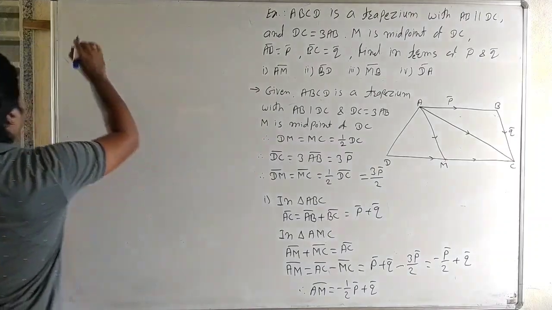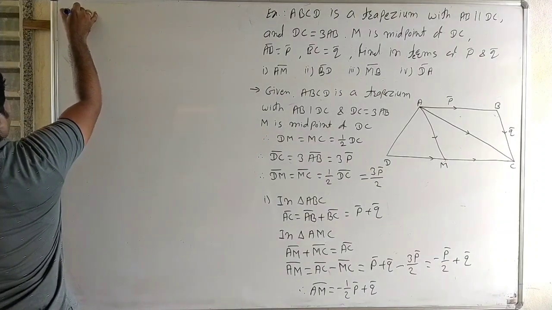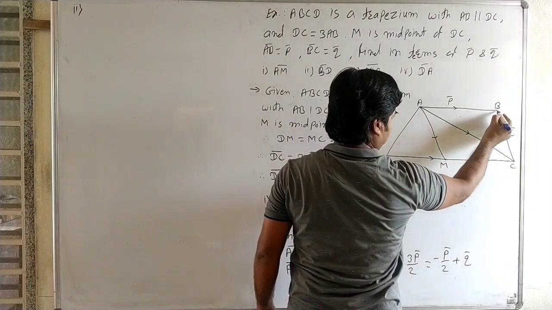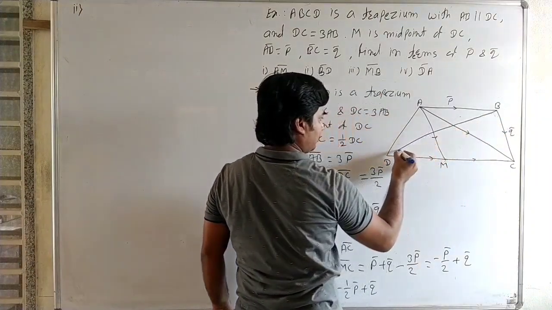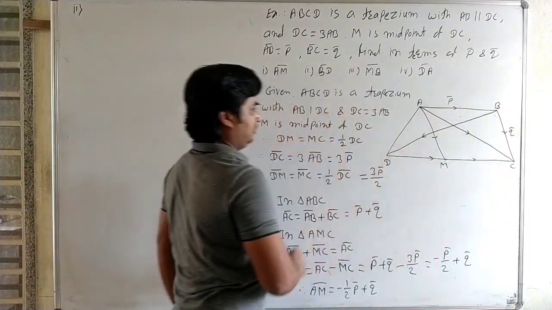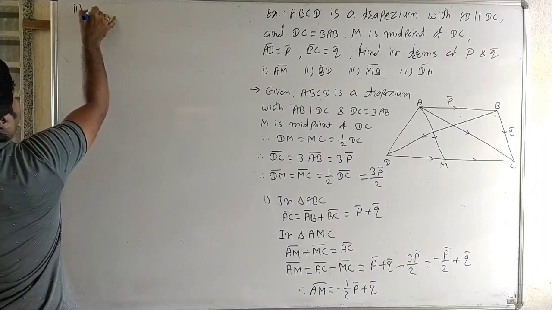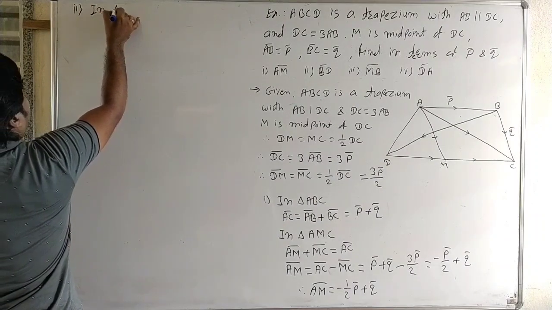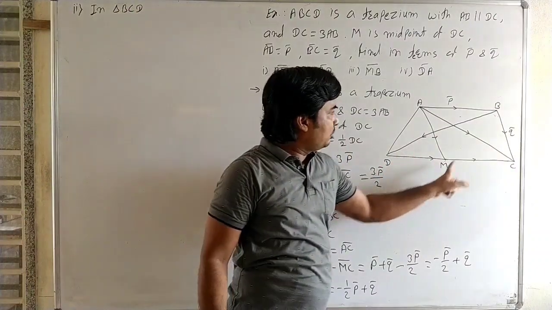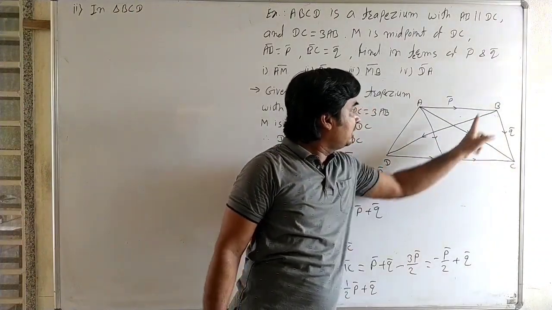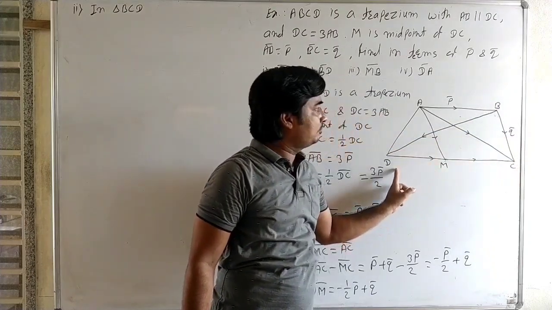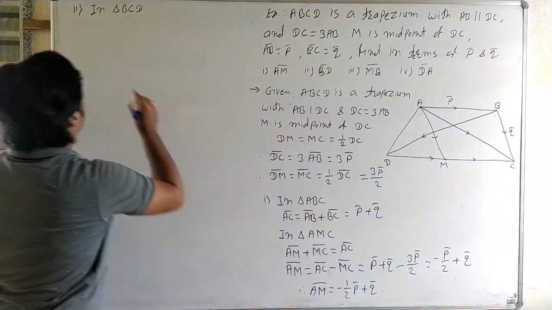Now find the vector BD, number 2. In triangle BCD, BC plus CD is equal to BD.